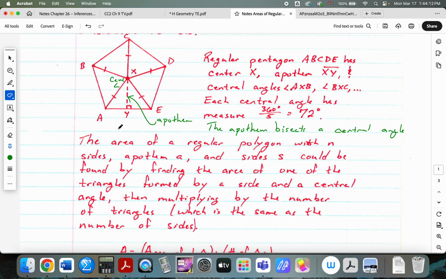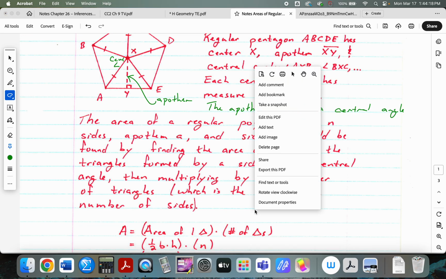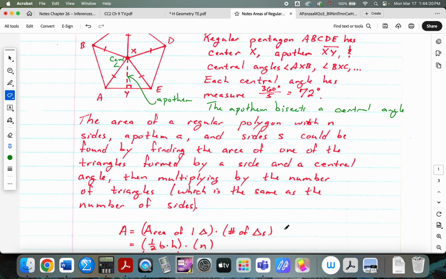Mathematicians, though, like to have the shortest way to do things. So here's what they did. They said it would be the area of one triangle times the number of triangles. The number of triangles, notice there are 5 triangles in this picture, all with central angles. That's also the number of sides. They replace that with N.